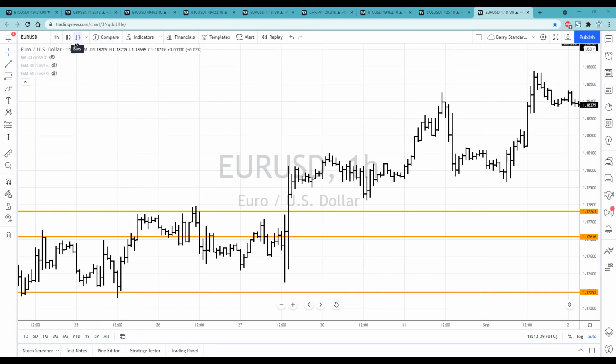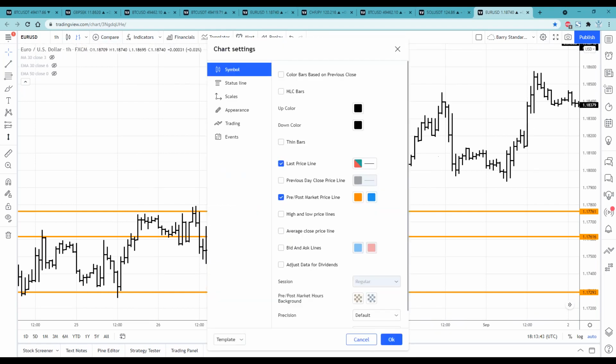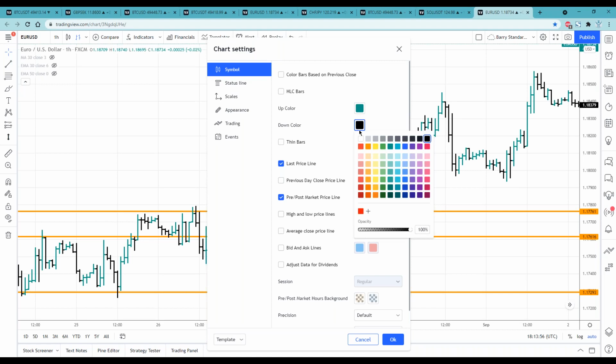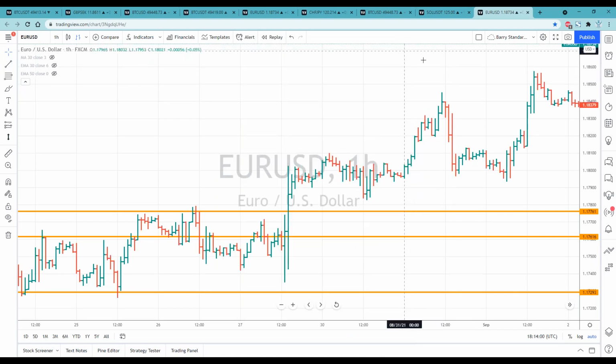Again, today's developers went a bit too far, and they've given us all these choices with bars, and now we can make them reds and greens just like candlesticks.